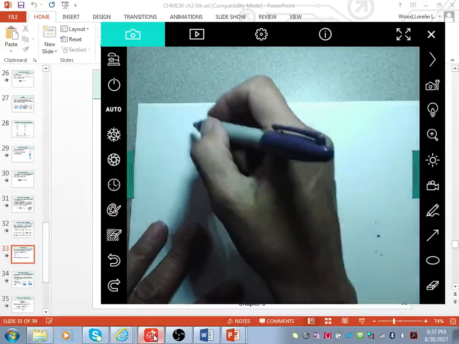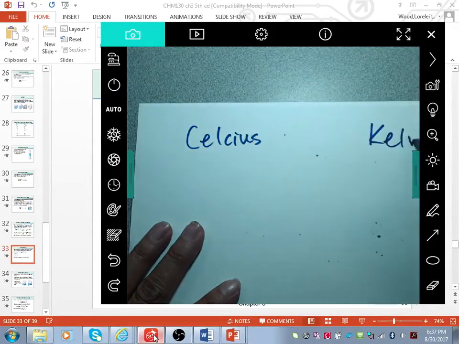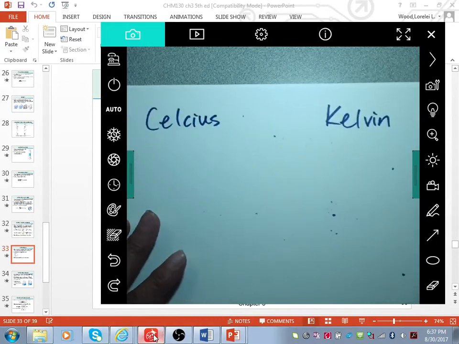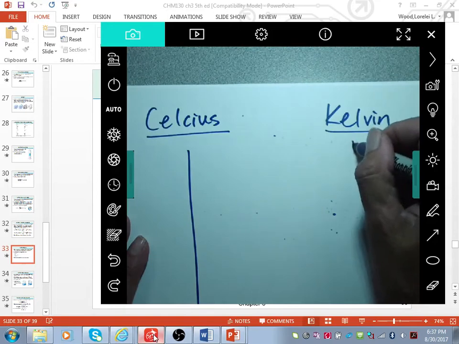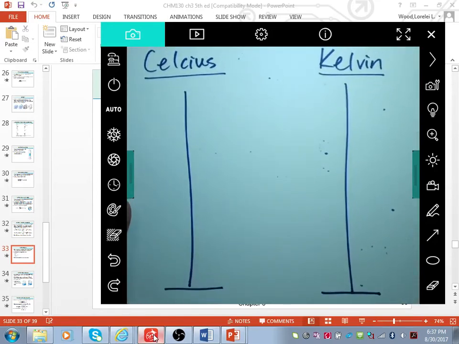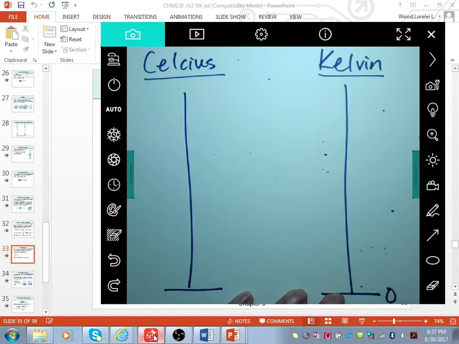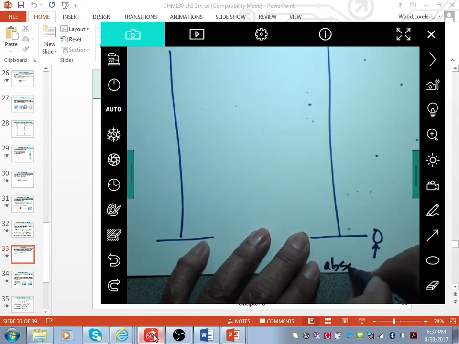All right, so we got Celsius and Kelvin. If we make a comparison between the two temperature scales, right? What's the lowest temperature on the Kelvin scale? What's the very bottom of the whole temperature scale? 0 degrees Kelvin. They call that value, that 0, absolute zero.